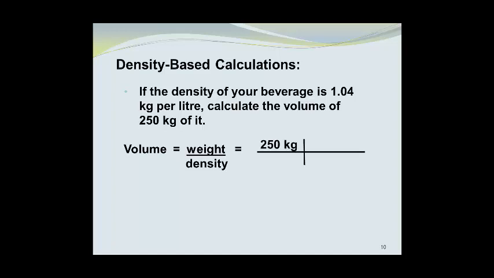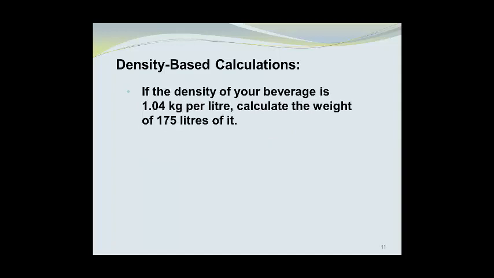The next term in our equation is to divide it by the density of 1.04 kilograms per liter. At this stage, we can cancel out the kilograms and are left with units of liters. Then we can do the number crunching, and we find that the volume of 250 kilograms of beverage is 240.4 liters.